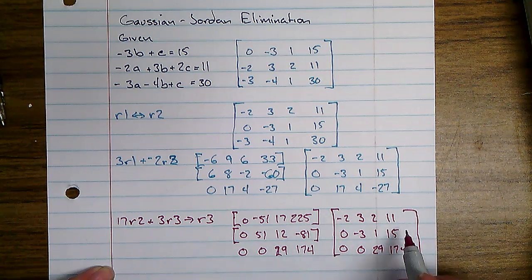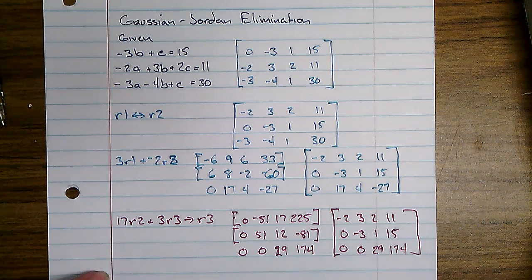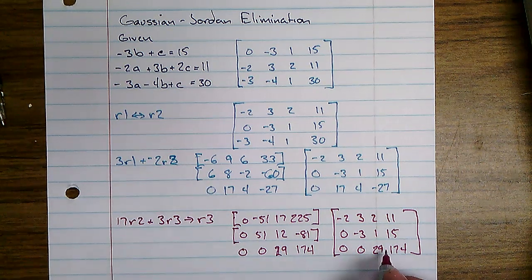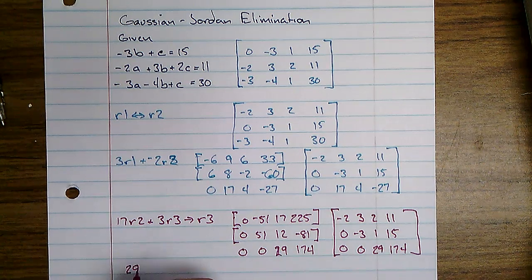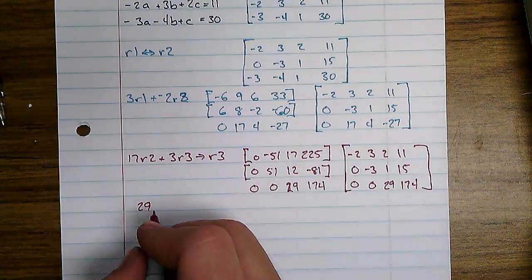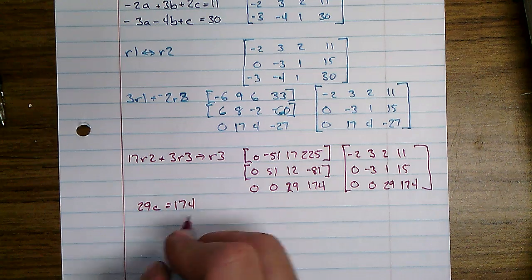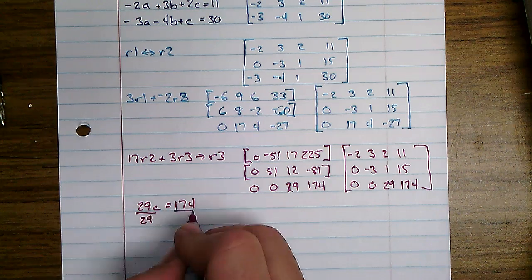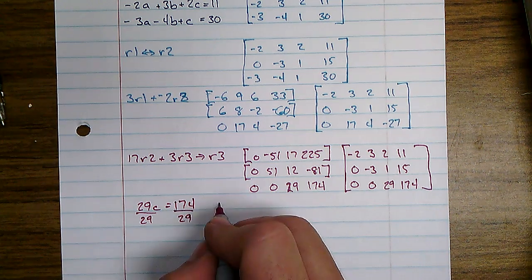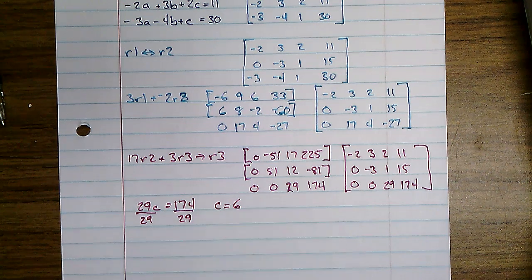We haven't reduced the rows yet, but we have a single variable here. If we go back and look at how our equations are written, this last row 3 could be written as 29C equals 174. Divide both sides by 29, and we get C equals positive 6.